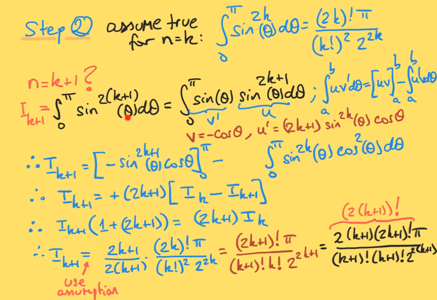So here is our same integrand, sine of theta to the 1 power times sine to the 2k plus 1. Remember here, if you expand that, it's 2k plus 2, so this is exactly the same. This factor here we're going to differentiate, we're calling it u. This factor we're going to integrate, we're calling it v prime.